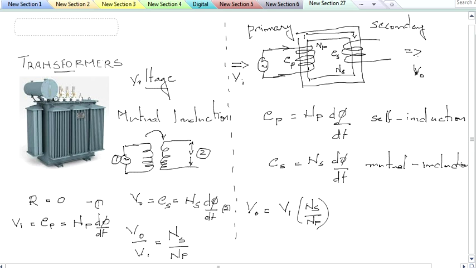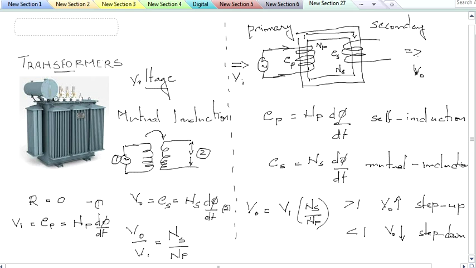Now when this ratio is greater than 1, that is, the number of turns in the secondary coil is greater than the number of turns in the primary coil, the output voltage is going to be greater than the input voltage, and this is called a step up transformer. Similarly, when the ratio is less than 1, the output voltage is going to be less than the input voltage, and this is called a step down transformer.